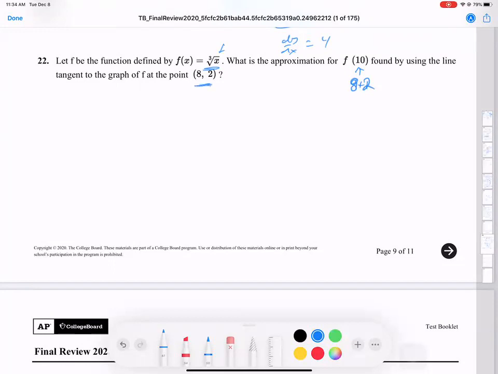Whew, scary. So our equation for our approximation, f of 10 is equal to f at 8 plus f prime at 8 times the difference, or the delta x, the change, and the change in that would be 2 spaces, okay? 2 spaces away from the slope. So f at 8, we know it's going to be 2 because the cube root of 8 is 2.